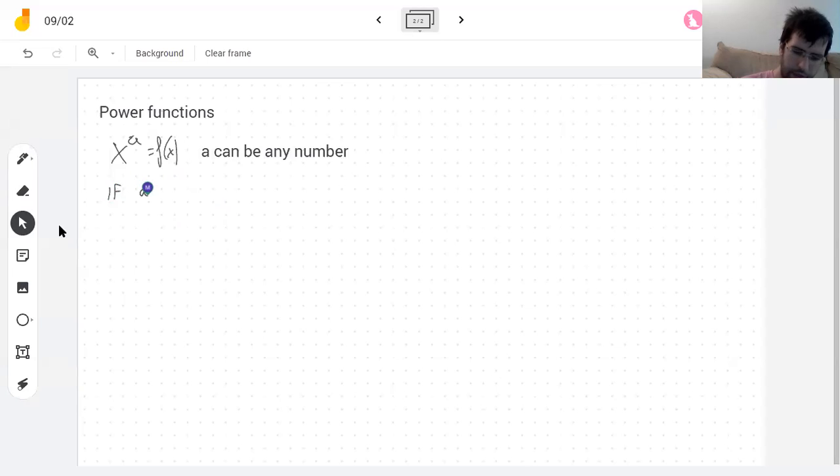So if A is a natural number, by the way, a natural number is the numbers you use to count: 1, 2, 3, 4, and maybe 0. That's controversial for people. If A is a natural number, then this is just a polynomial, because it's x squared, x cubed.